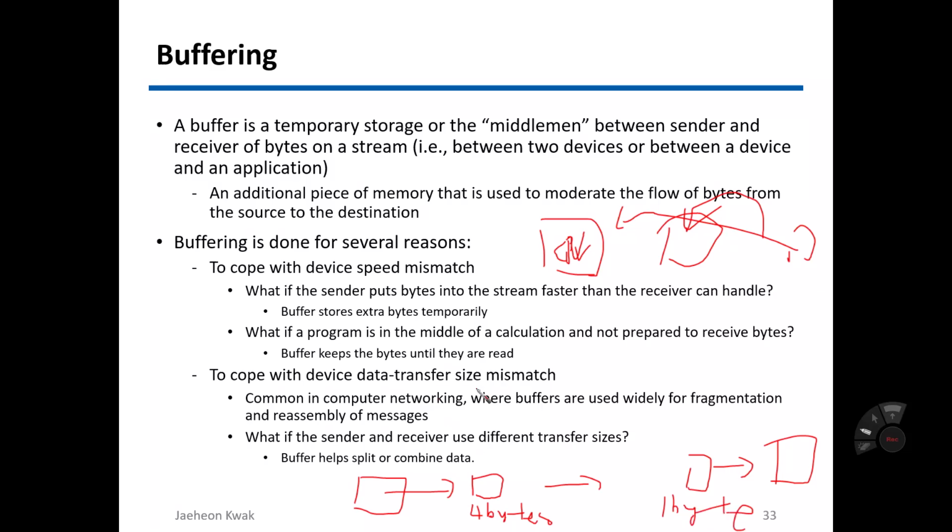So this situation is the data transfer size mismatch. In this situation, a buffer can collect this data and can split these 4 bytes into 1 byte and send them successively. Yeah, that's how the buffer works.